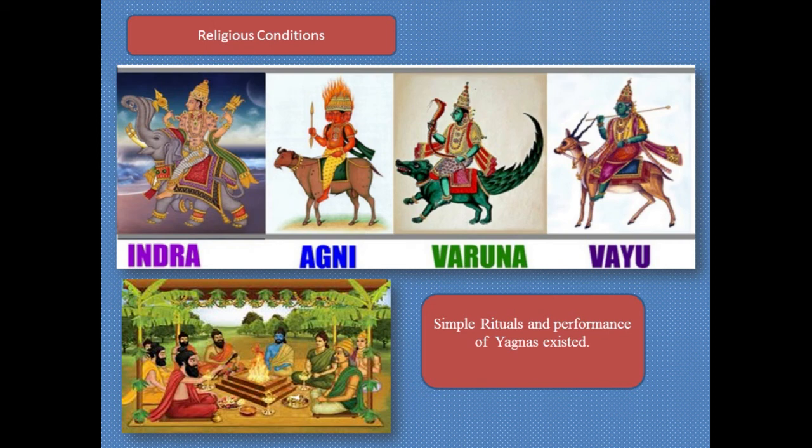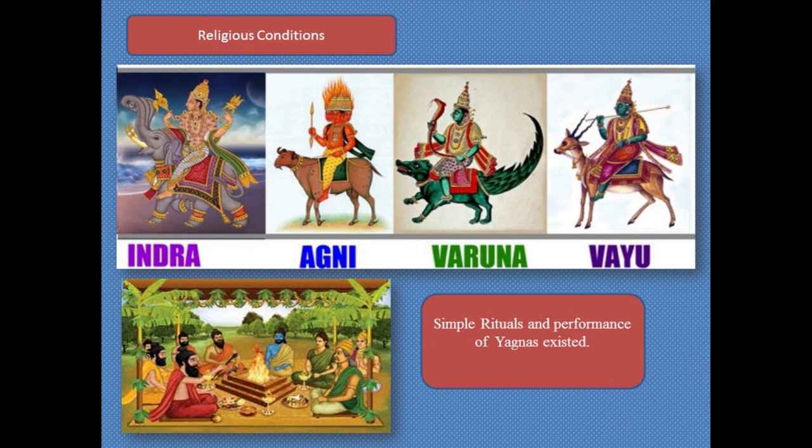Rituals were very simple, yagas were performed, and that is how these religious fervors were usually seen. Apart from that, Surya, Prithvi, Soma were also there. Polytheism was known to them. There was no idol worship.